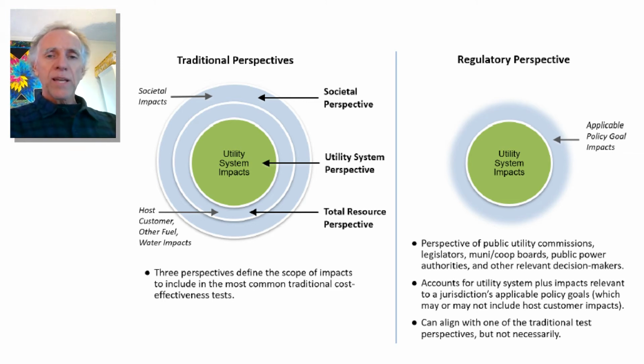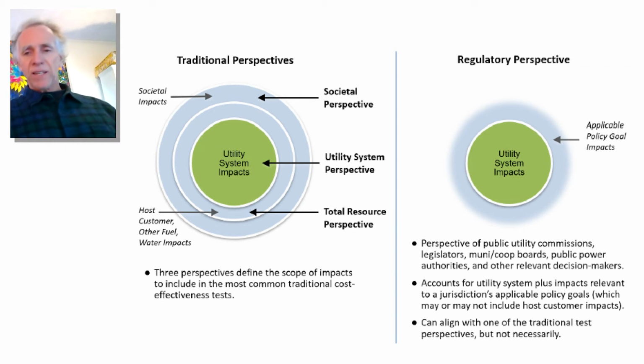And so that's why we introduce what's called the regulatory perspective. That's shown on the right-hand side of this chart, where it's acknowledging that, first of all, you can't just limit yourself to these 3 perspectives that you see on the left: utility, total resource, and societal. It's much more complicated than that.